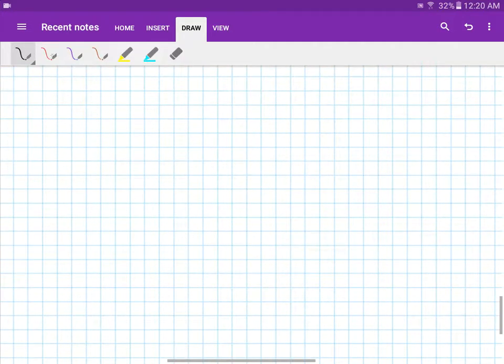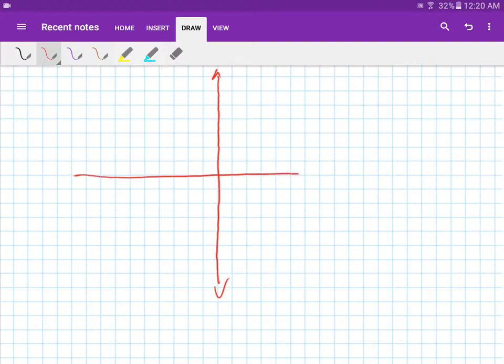Now let me draw the axes first. So this is y, this is x.